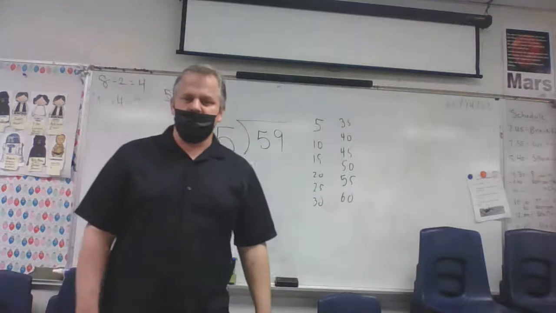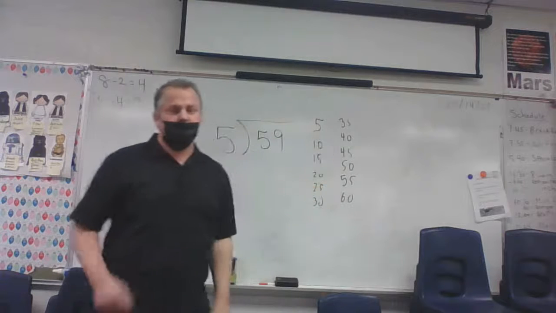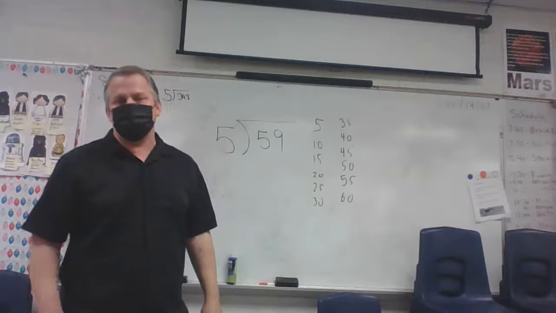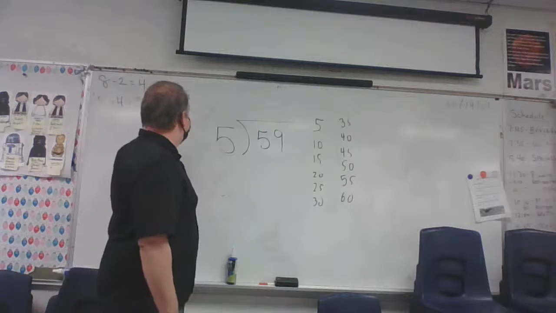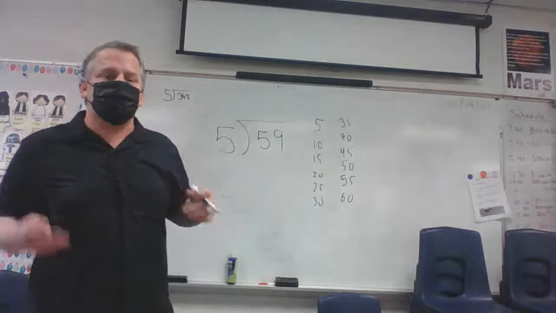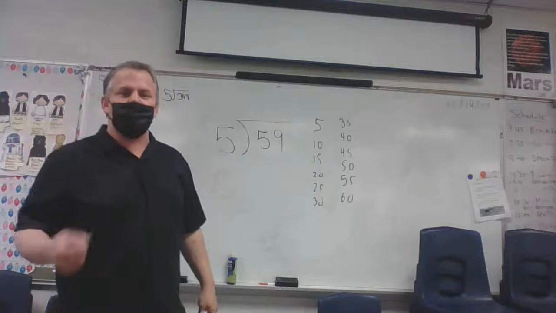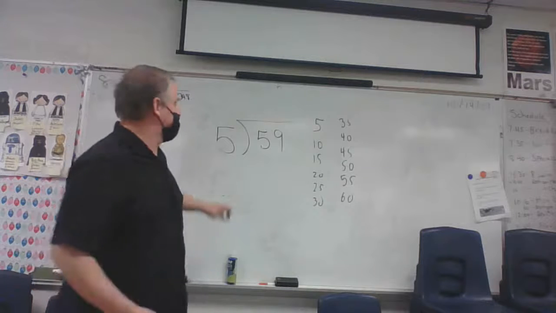Yikes, that's a lot of extra work having to put all these numbers down here. And the numbers are only going to get larger. For example, later I'm going to do 398 divided by 5. The numbers get larger, so we don't want to do all this extra work. We just got to have it up here and memorize our multiplication facts.